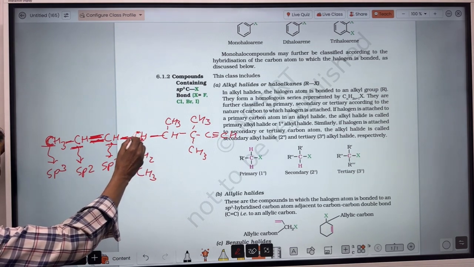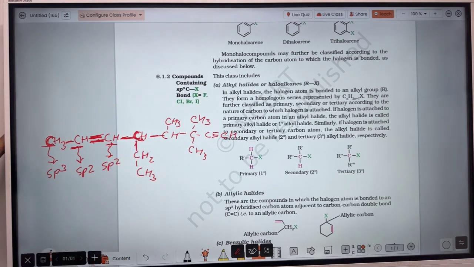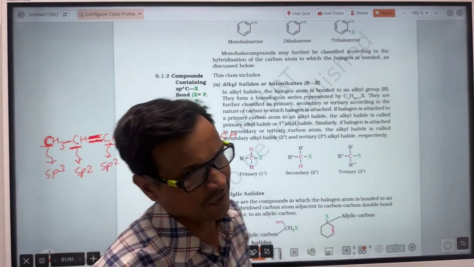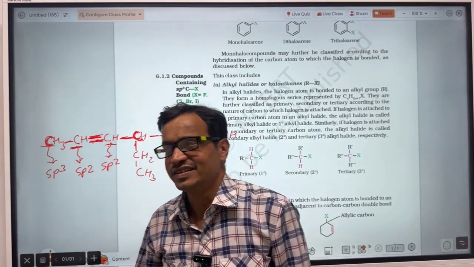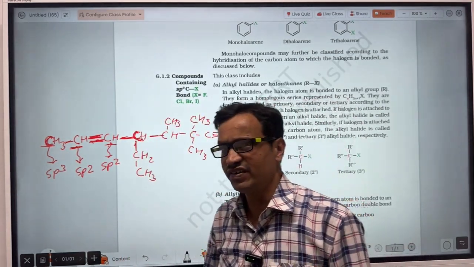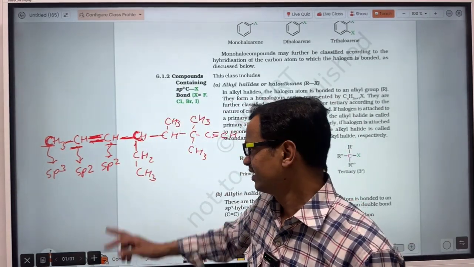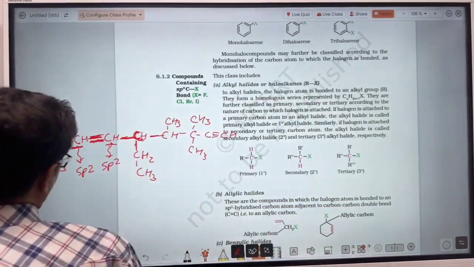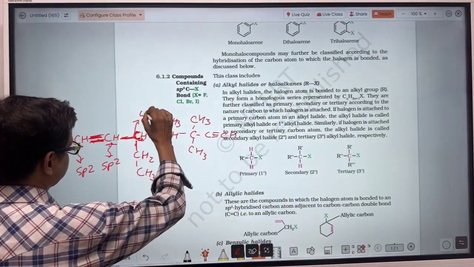So this carbon needs 4 hybrid orbitals, and to form them, the 4 atomic orbitals of this carbon will merge together, of which one will be of s and the remaining 3 will be of p. That's why the hybridization of this carbon atom will also be sp3.